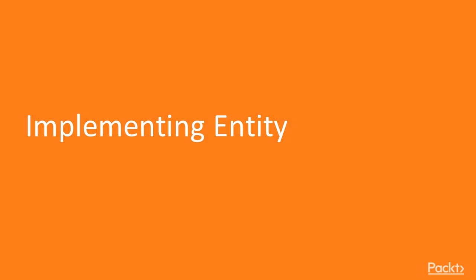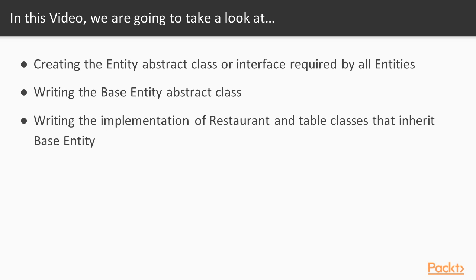So let's have a look at the first one, which is entities. As a part of entity, we'll have two main classes, restaurant and table. As you could see, our top level class is entity and base entity is our second level class, and restaurant and tables, these are the two classes which are our main entity classes, inherit the base entity.